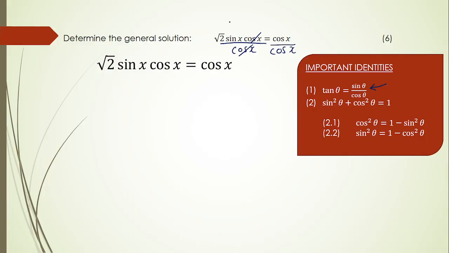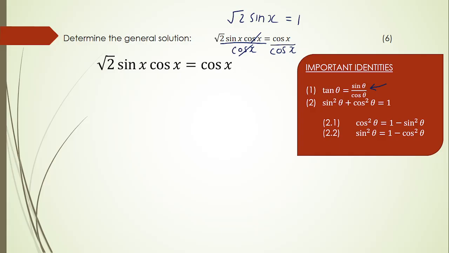So that just becomes the square root of 2 sin x is equal to 1. Doesn't that remove the problem, the fact that now we only have one ratio? No, that doesn't. What you've just done is you've removed a whole solution. You've removed the cos x solution in your equation, which means you are going to lose out on marks.